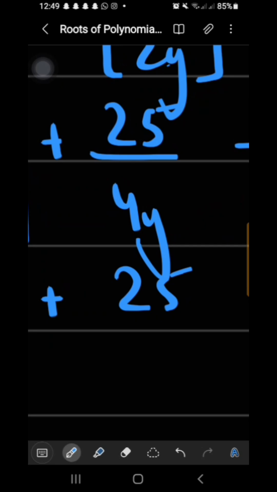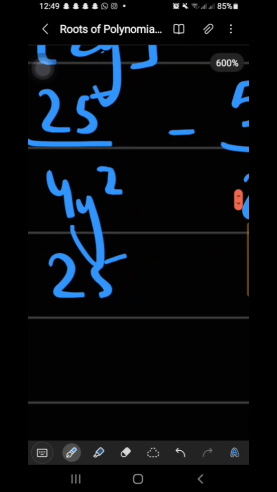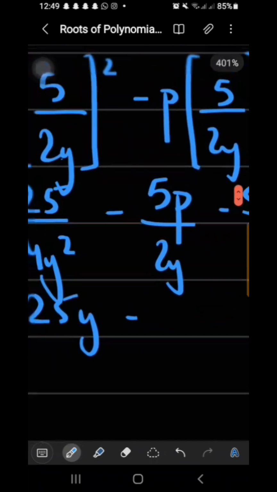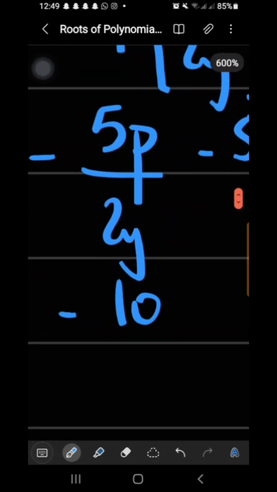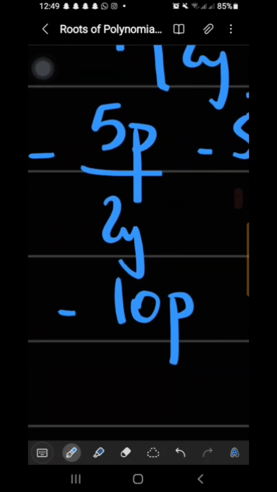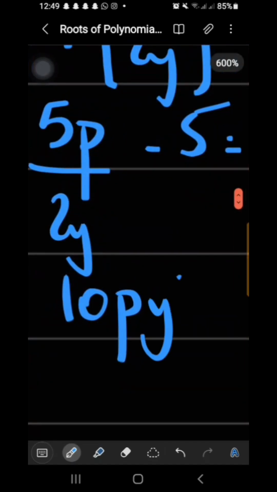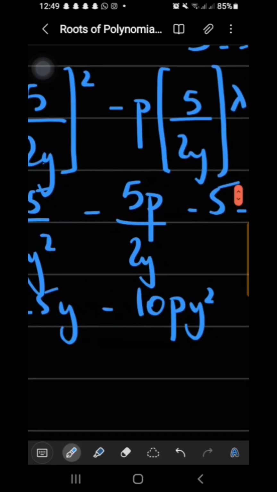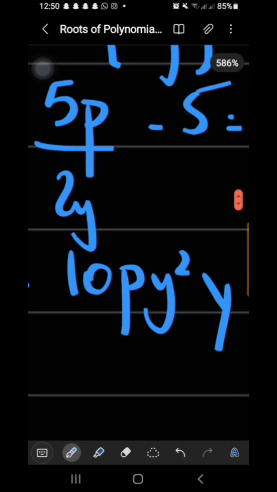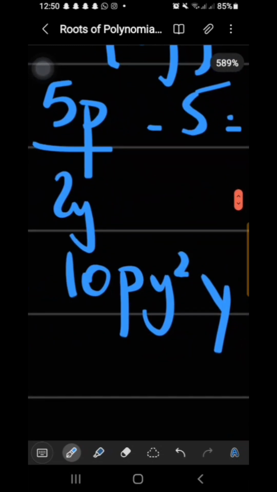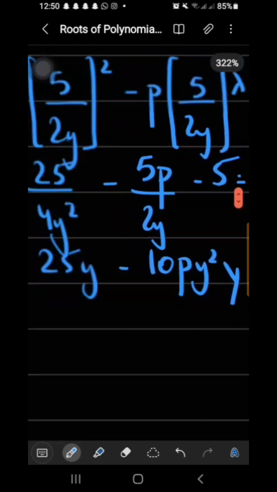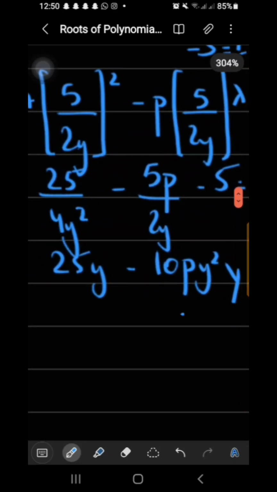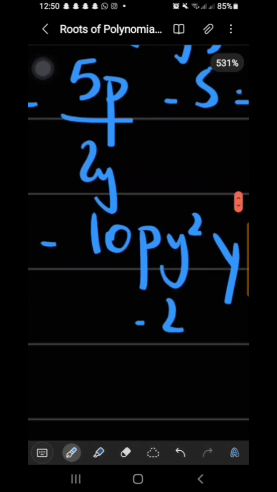We know that here is a square, so we will write 25y, then negative, it will get multiplied by 2, so it will be 10p, and there will be y square, and negative 5 is still remaining, and here there is no space, so I will write it down. This 5 will get multiplied by 4 along with y cube, so it will be negative 20y cube.